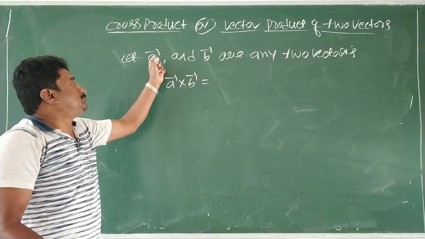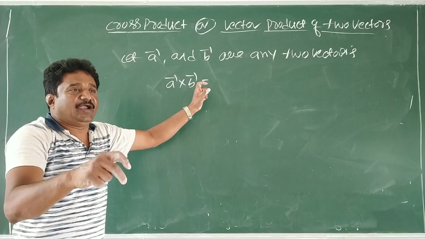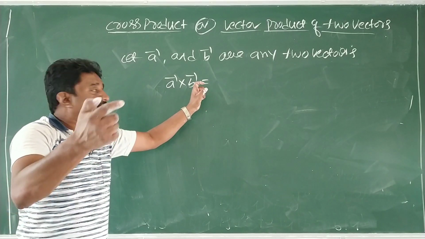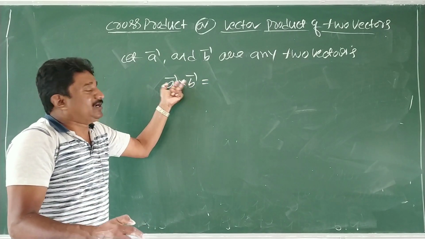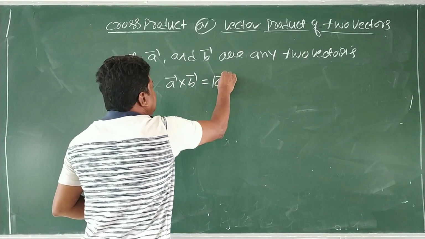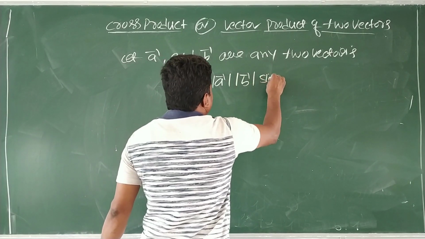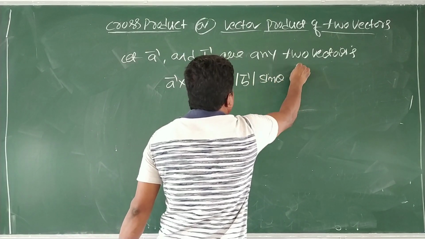We define the cross product in this way: A cross B is equal to the length of vector A, the length of vector B, sin theta into n cap. Learn this by heart, students. A cross B is the length of the vector A into the length of the vector B, sin theta into n cap.